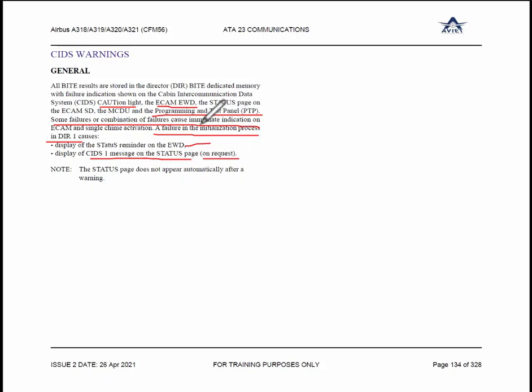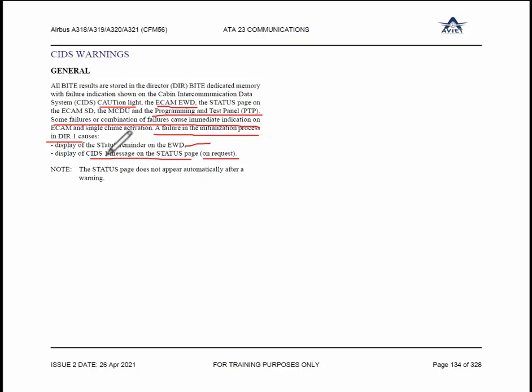Means the CIDS caution light on the FAP, if it comes, will be displayed and then disappear. It will come once, and disappear after some time.